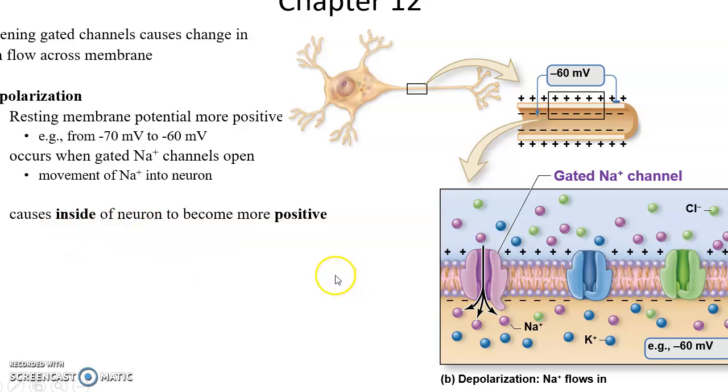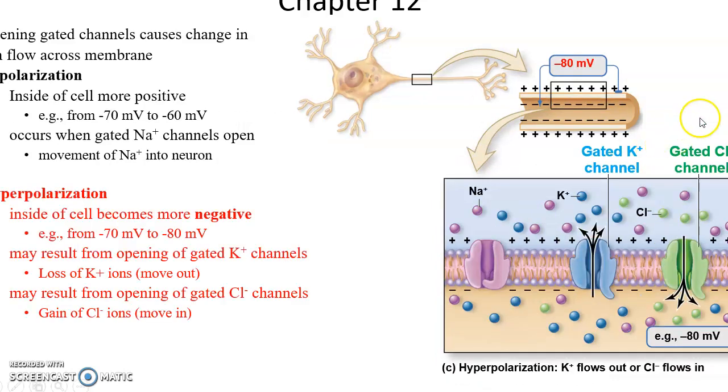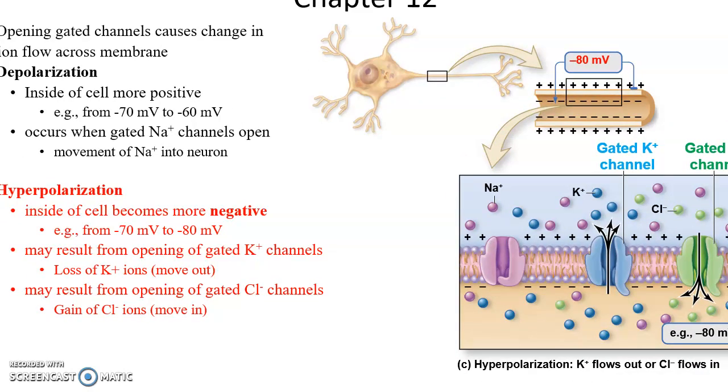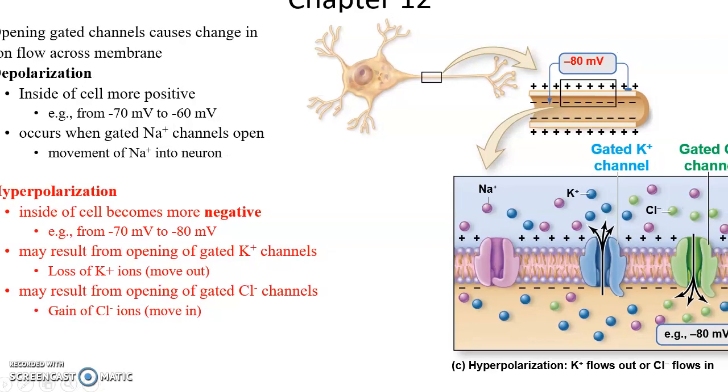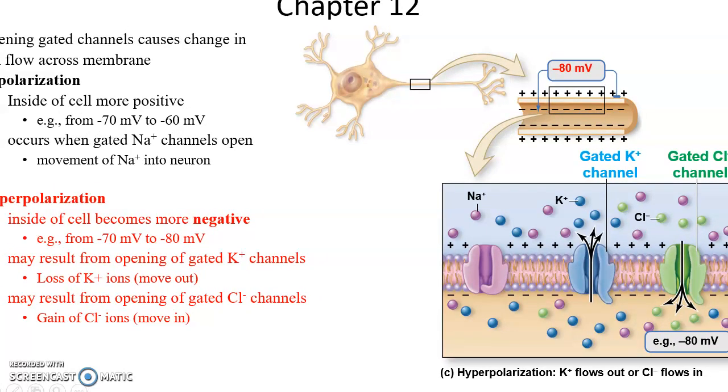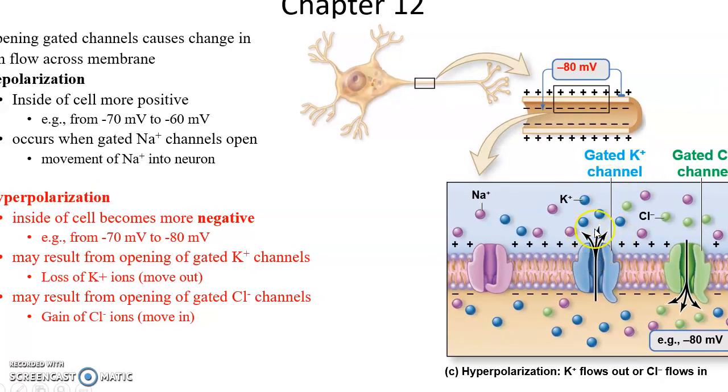It's basically making the inside of the neuron more positive compared to what it was before the channel opened. Hyperpolarization is the reverse. Hyperpolarization is making the inside of the cell more negative. This may result when gated potassium channels open, so the potassium floods out of the cell, going from high concentration to low concentration.